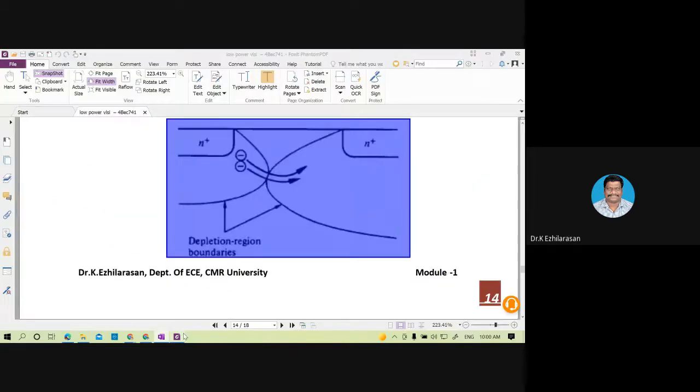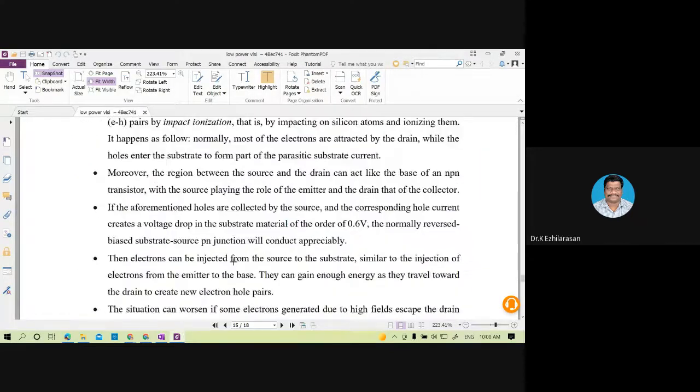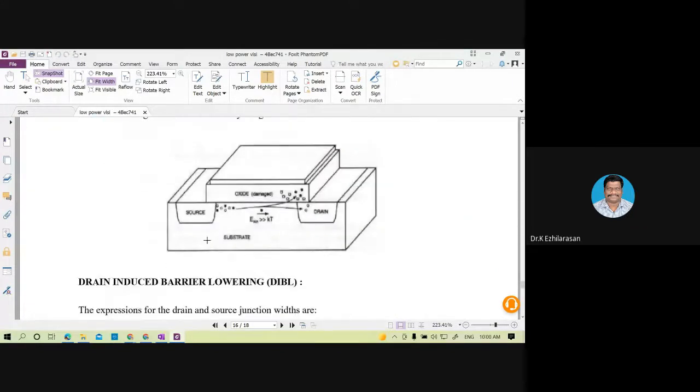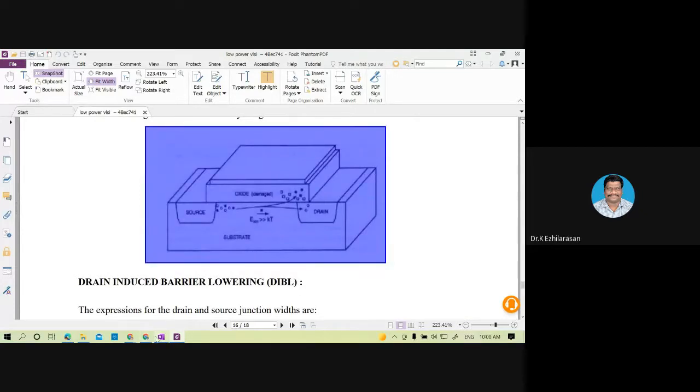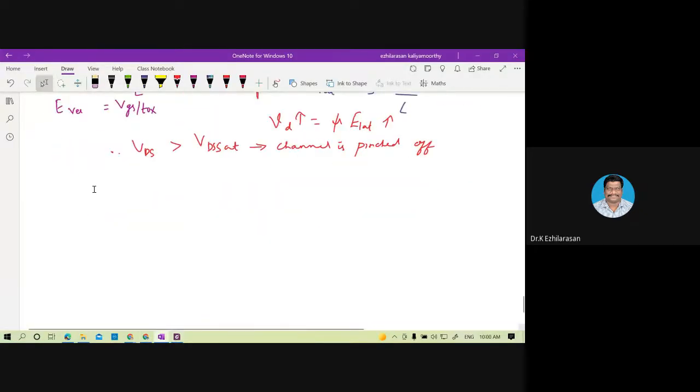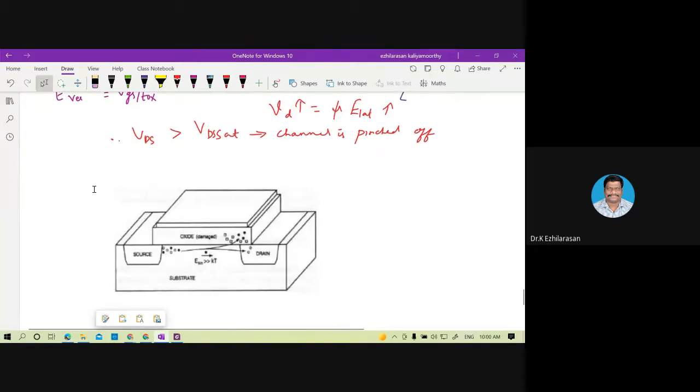So let me show the diagram for hot electrons. See here, we are showing the diagram. Source, E minimum will be greater than the kinetic energy.